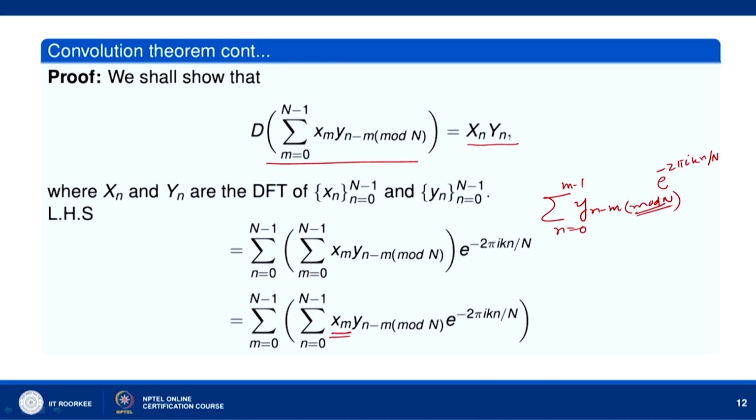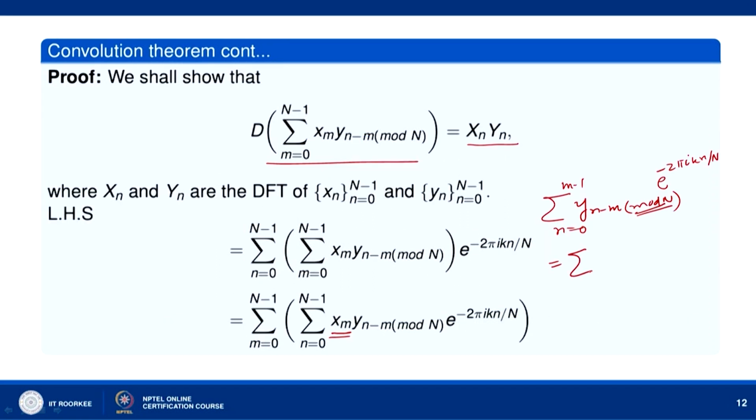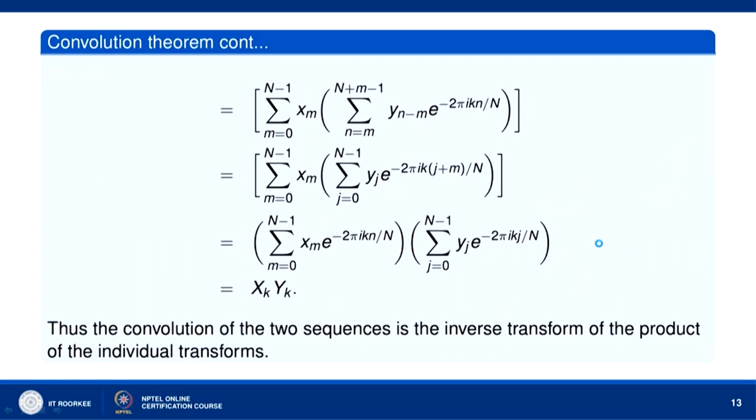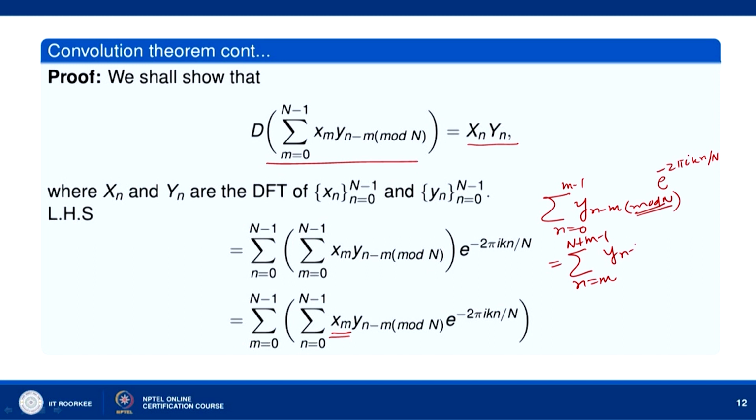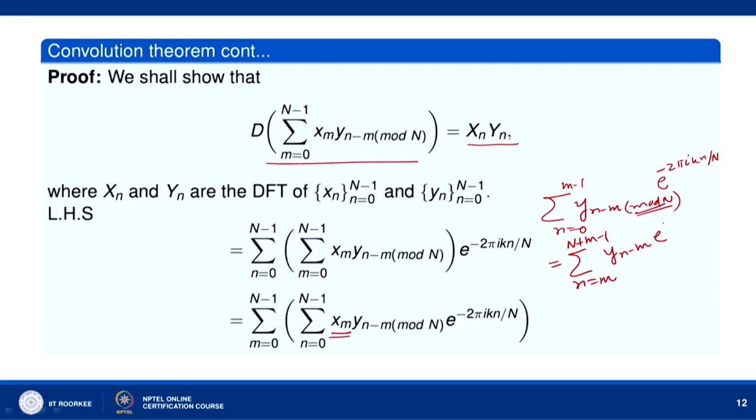Because of this modulo, this sum is equal to the sum over n equal to m to N plus m minus 1 of y of (n minus m) times e to the power minus 2 pi i k n by N. Now, let me write n minus m equal to j.